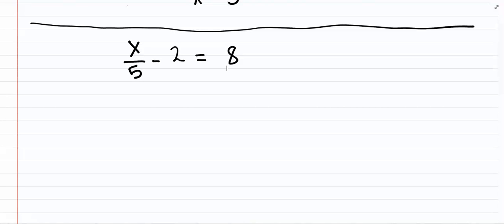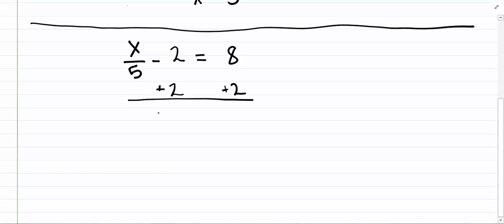So think SAMDEP. Subtraction and addition is first. So here we do have subtraction. The inverse is addition. So we're going to add 2 to both sides. Bring down the x over 5. x over 5 will equal 10.